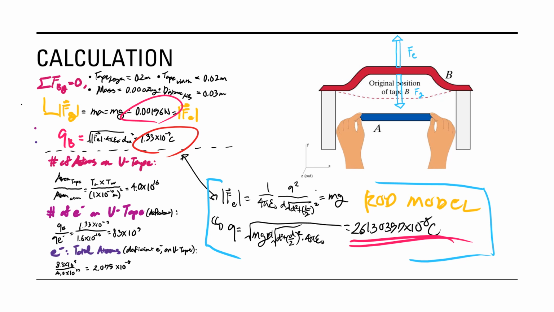For lab 2, the value for Q was derived by using the rod model, which turned out to be 2.61 times 10 to the negative 8th coulomb.